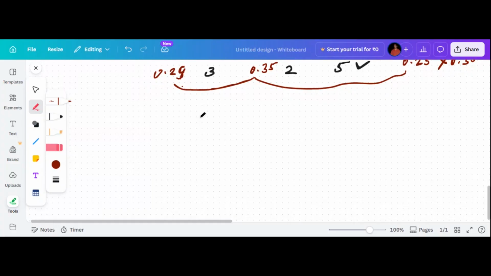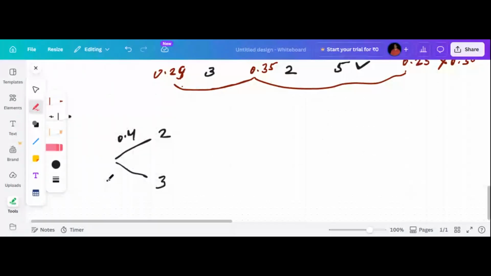I can also explain this using a decision tree. See, Tom can win either two or three. The probability of Tom winning two is 0.4, and Tom winning three, 0.25. Claire can win either two or three.